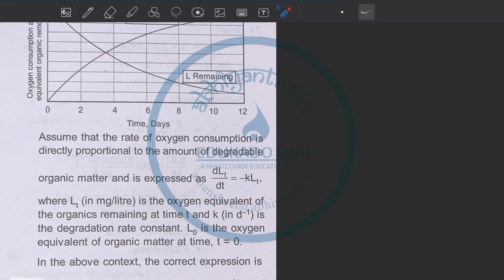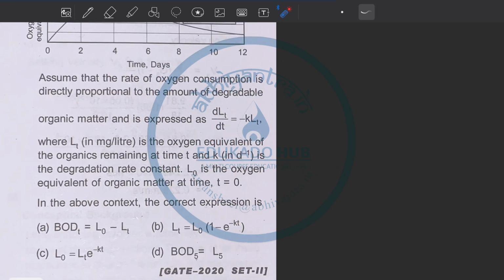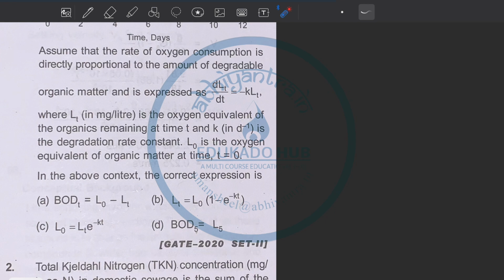Assume that the rate of oxygen consumption is directly proportional to the amount of degradable organic matter and is expressed as dLt/dt = -kLt, where Lt in milligrams per liter is the oxygen equivalent of the organic remaining at time t, and k in d inverse, that means days inverse, is the degradation rate constant. L naught is the oxygen equivalent of organic matter at time t naught.